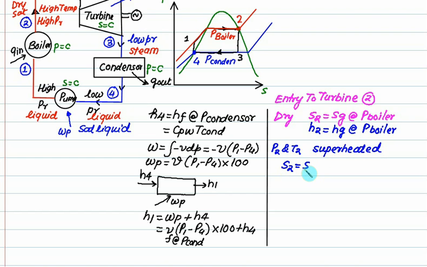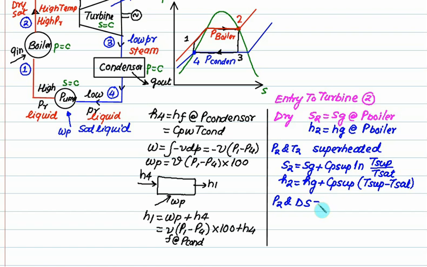Otherwise, you can use Sg. Ssat is normally provided, and this T2 itself is called T sup. And if you want to calculate H2, then it's the same formula, Hg plus Cp into T sup minus T sat. So indirectly, if you know the value of T sat, that they will provide, you can calculate the value of T sup, and the calculation will remain the same.